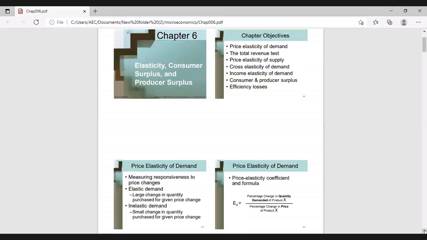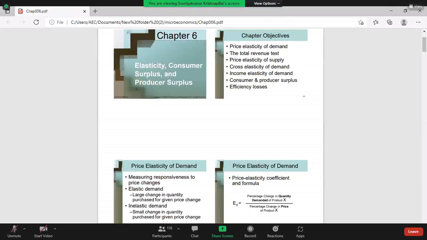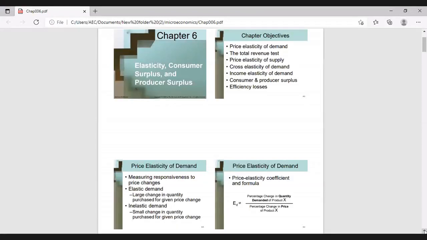If demand is inelastic, that means consumer response is relatively small for a change in the price. So the formula is percentage change in quantity demanded of product X over percentage change in price of product X. So we measure price change and quantity change in percentage.